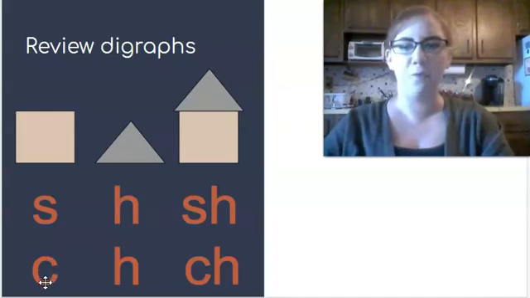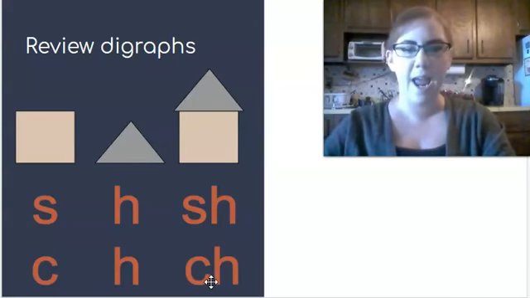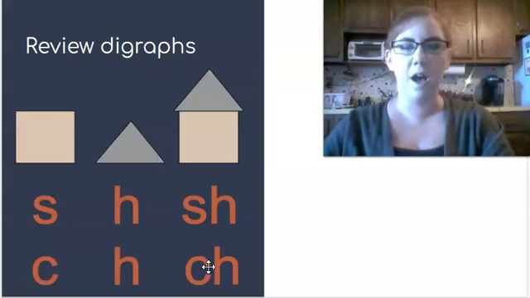A C by itself says k, and an H by itself says h. But when they're together, they're completely different. It says ch. Say it with me. When I point to the letter, say the sound. K, ch. We just have to remember that when these combinations are together, they make a different sound. Those are called digraphs.